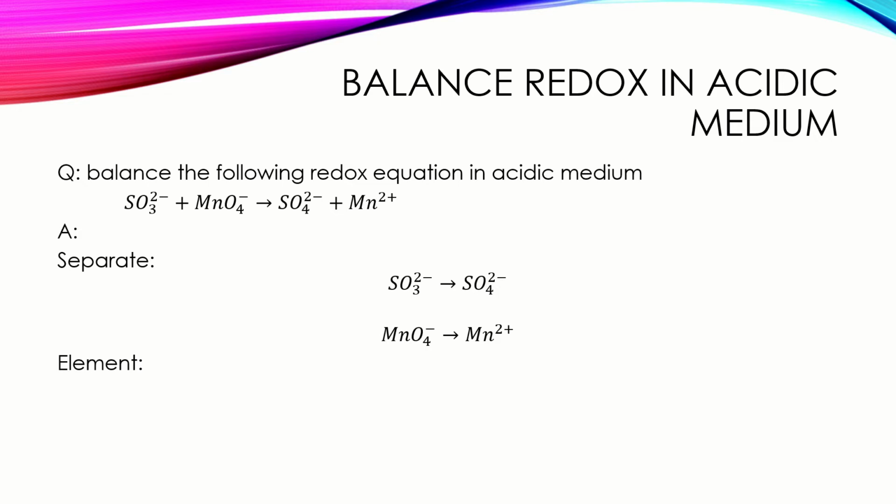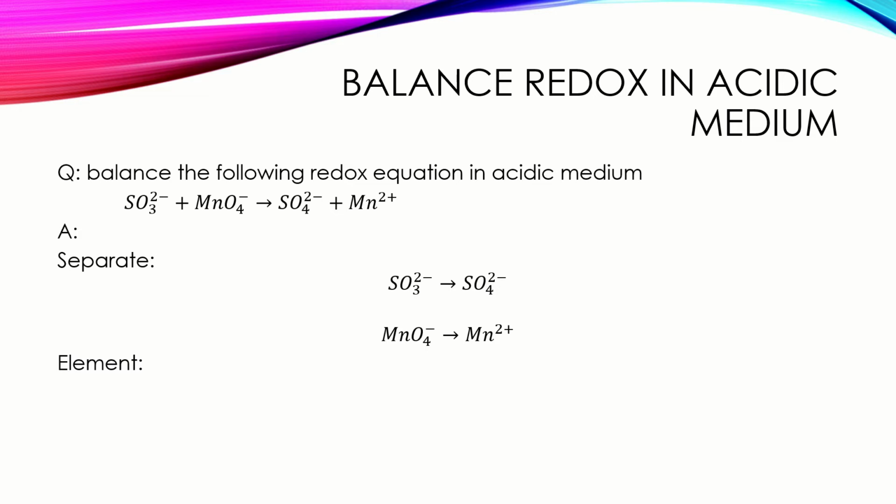For manganese and sulfur, there is no specific oxidation number, so we will have to figure it out based on the number of oxygen atoms in the polyatomic ion. Usually, when the number of oxygen atoms increases, the reaction undergoes oxidation.